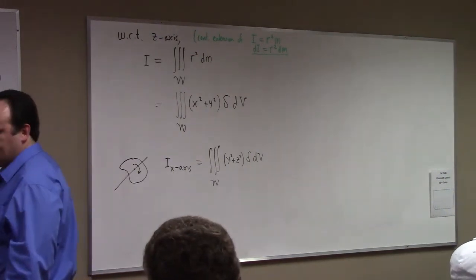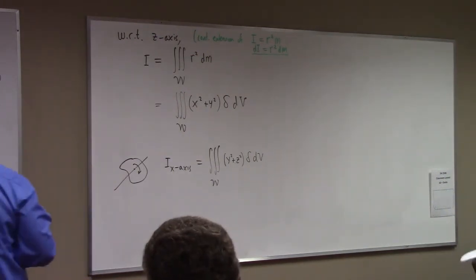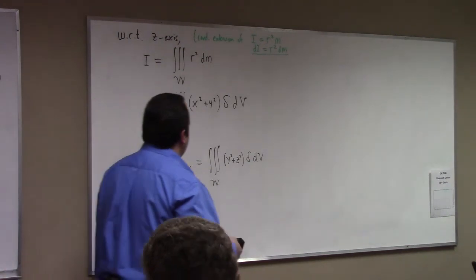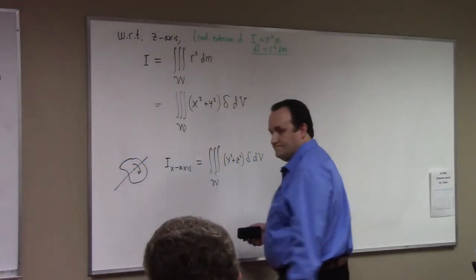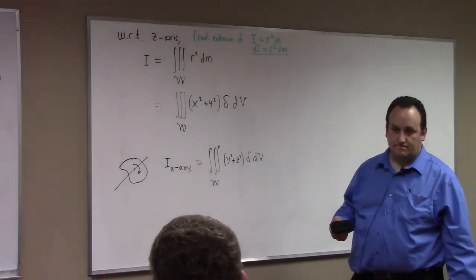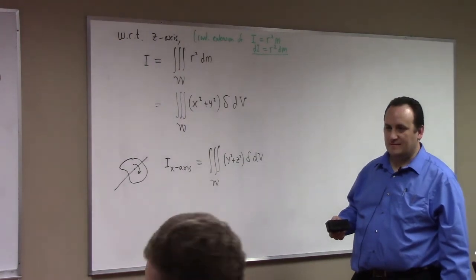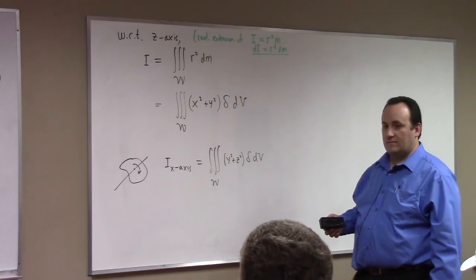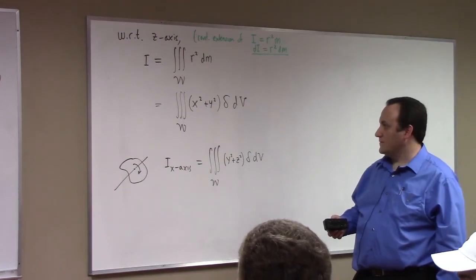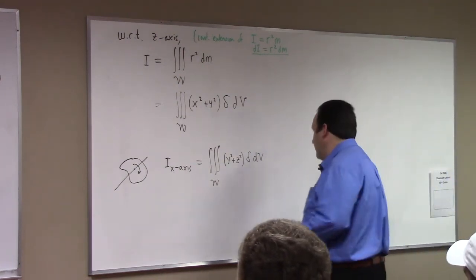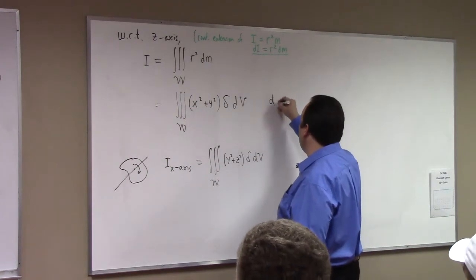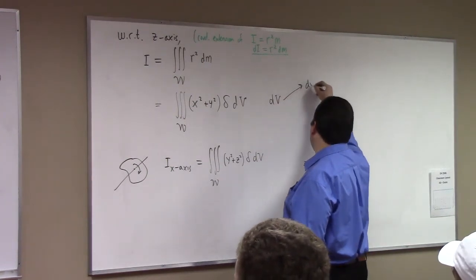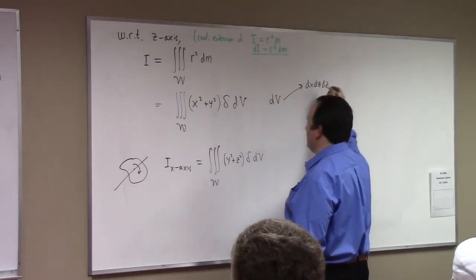What would dm deconstruct into for spherical coordinates? Well, again, dm is delta dv. We still have dv. You have several flavor options: dx, dy, dz, always popular.